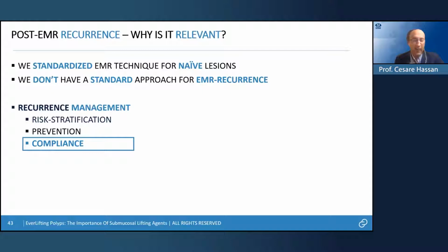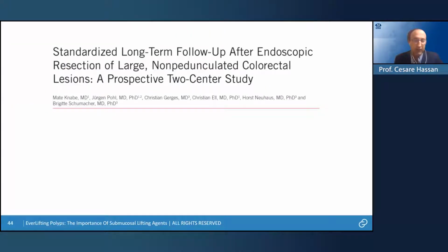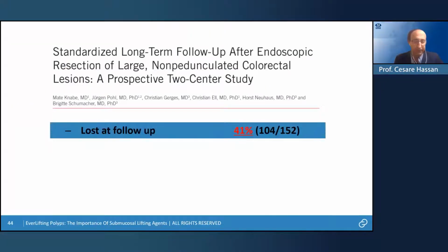But there is also an organizational issue in recurrence that is probably neglected in our literature. The problem is that we do the procedure, we know that there may be recurrence, we recommend surveillance to our patient, and what happens? Our patients do not come back to us.